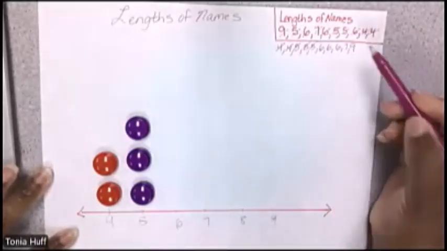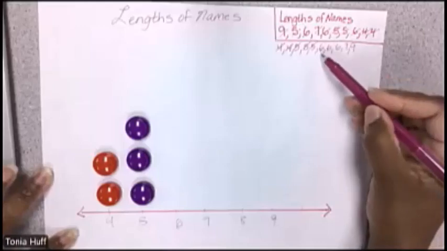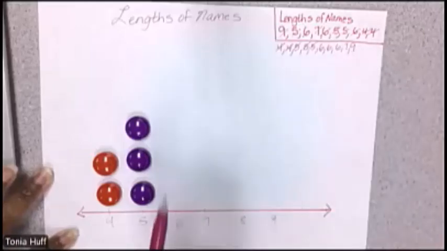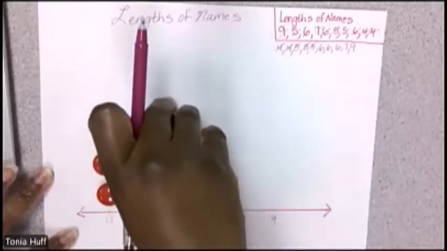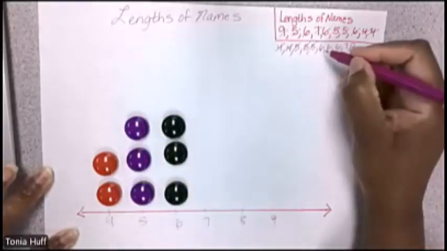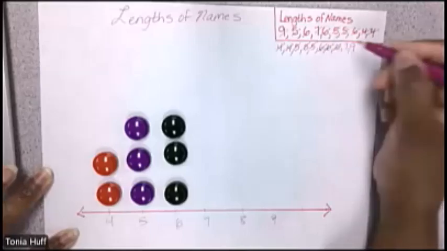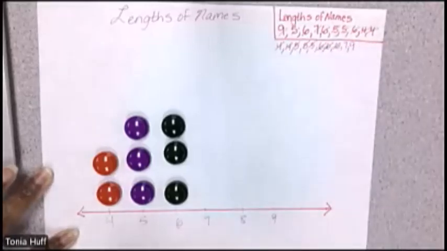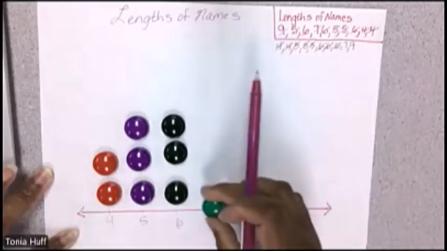I had 3 people who had 6 letters in their names. So therefore I have 3 counters for those 3 people. 3 people, 6 letters. Then I have a 7.